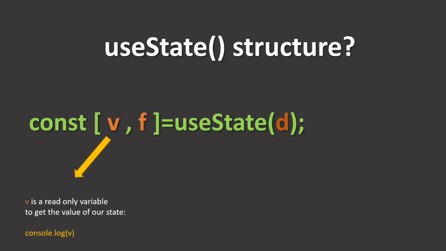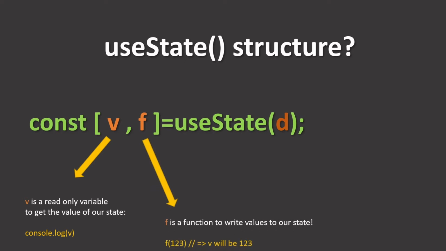For example, we can do console.log and print out the v value. And f is a function to write values to our state. For example, if we call f with 123, the v value will be 123. And d is the initial value of our state.